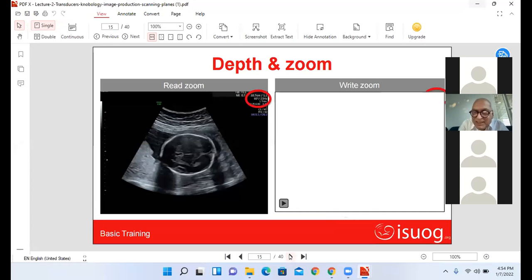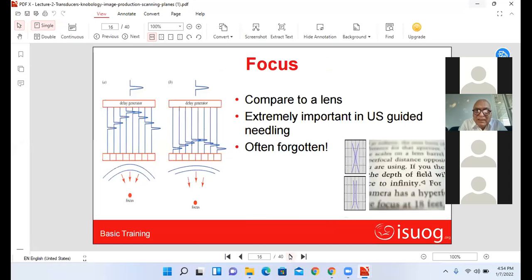Next slide, please. Focus, as I have already told, is comparable to a lens and extremely important in US guided needling, and often it is forgotten.